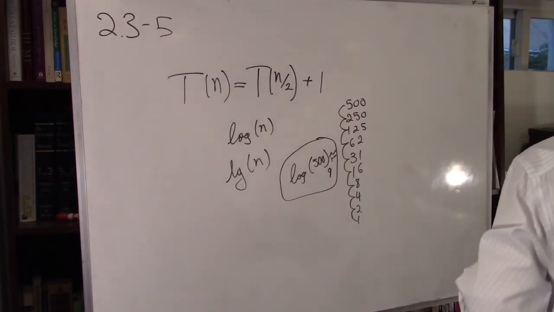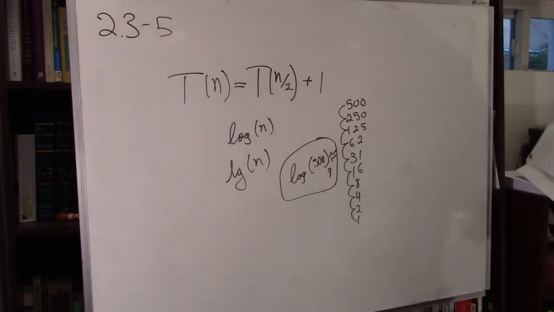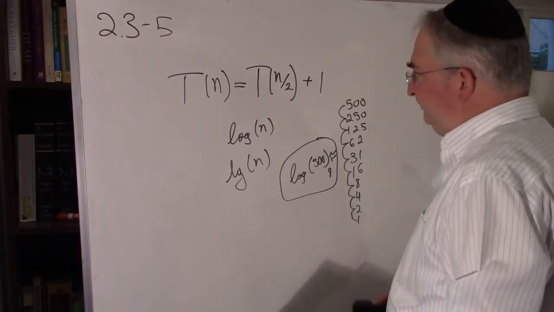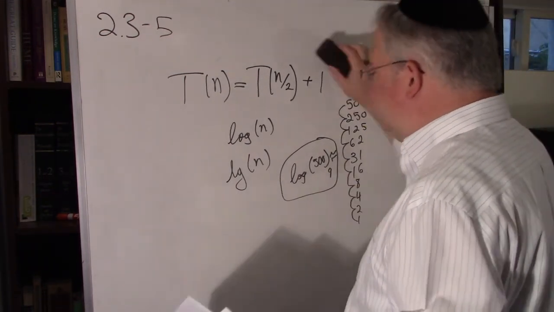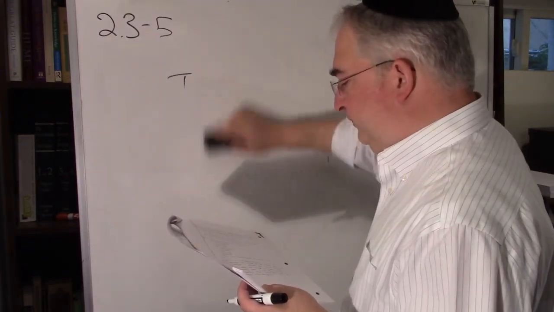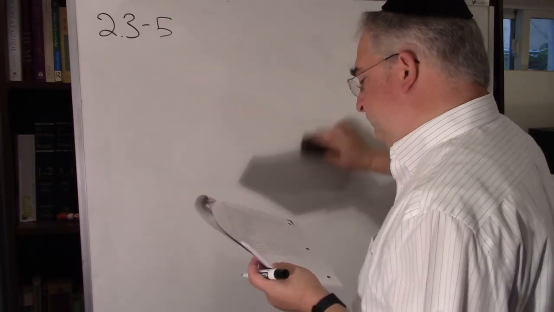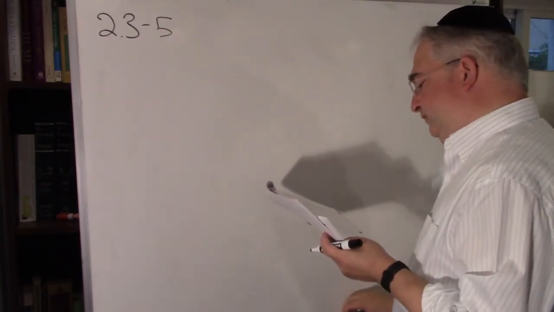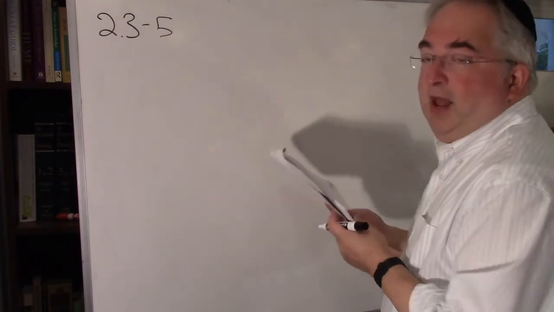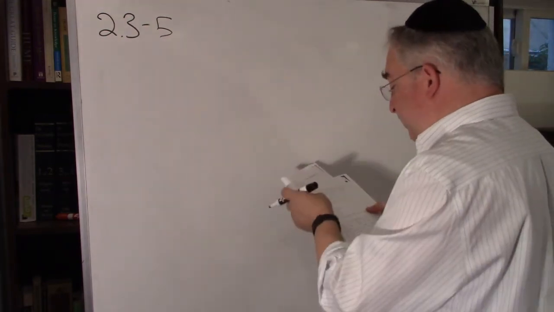But we want an algorithm for this. We don't just want to do it, we want an algorithm for it. So let me show you an algorithm. This tells you how much work the algorithm does. I'm doing it recursively because it's the right way to do things.